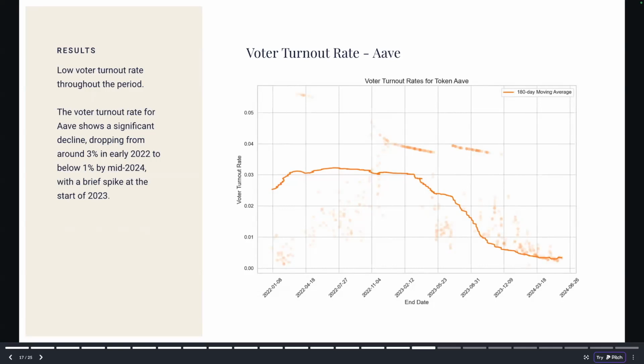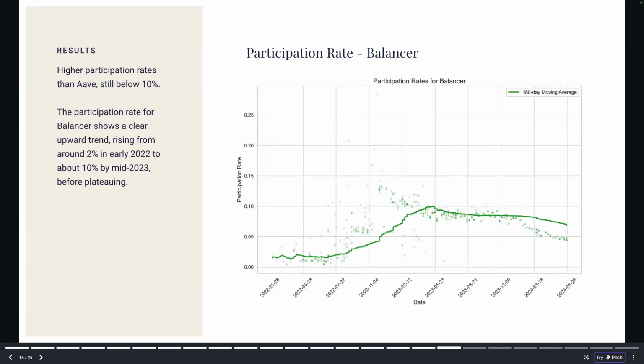Here we can see that roughly 3% of all individuals voted in the beginning. In the end, it decreased to lower than 1%. And this is seen over a range of tokens.